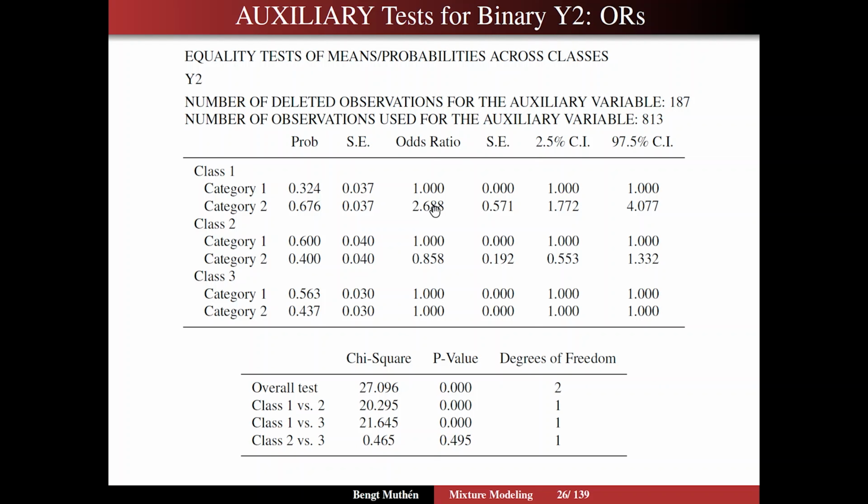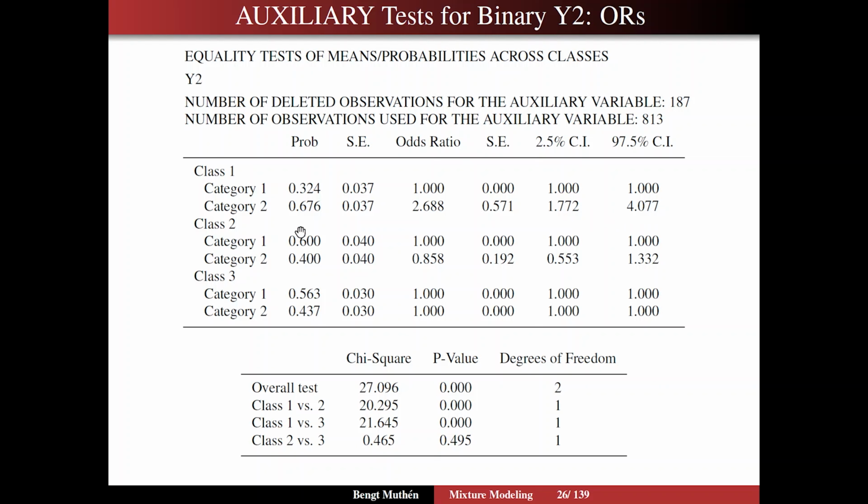And you also get a standard error for that, but more importantly, you want to work with these non-symmetric confidence intervals for odds ratios. So for instance, for category 2 of the binary outcome, you have a confidence interval that goes from 1.7 to 4.0. So it is not including the neutral point of 1, which means it's significant.